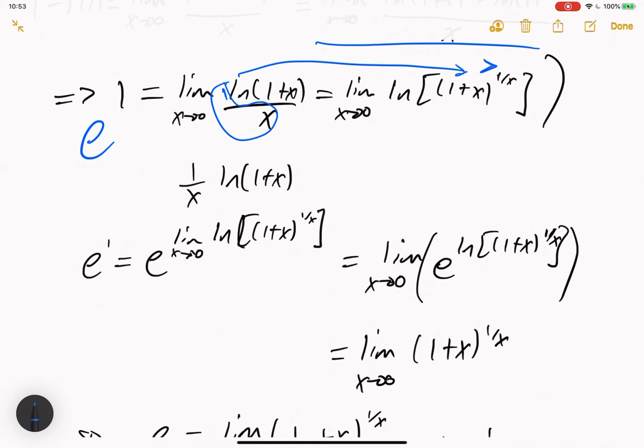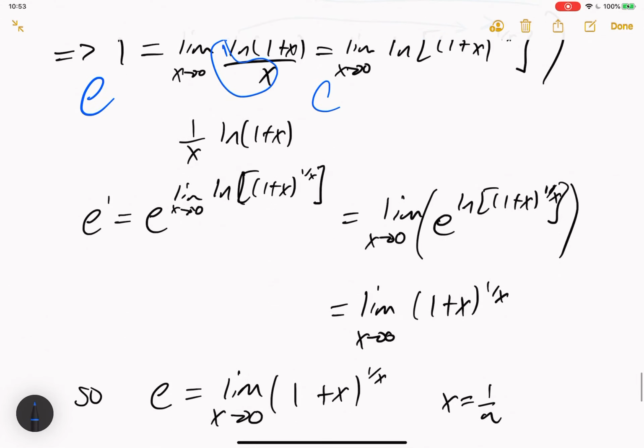So what do we get? We get e to the 1, so e to the 1 right here is equal to e raised to the limit. And now this is actually where we're going to use properties of continuity. One of the properties of continuity is that the limit as h goes to x of f of h is equal to f of the limit as h goes to x.